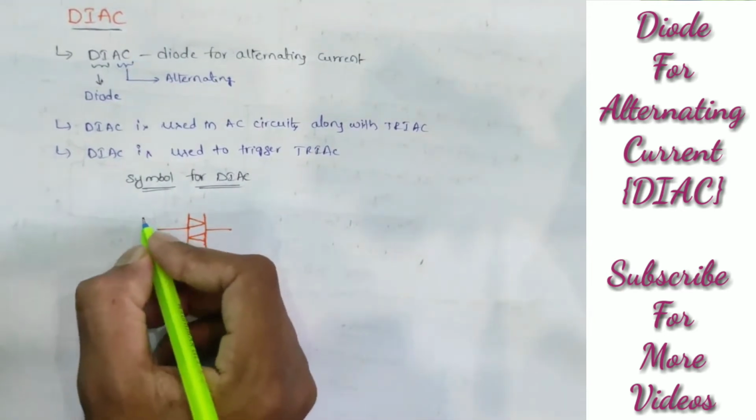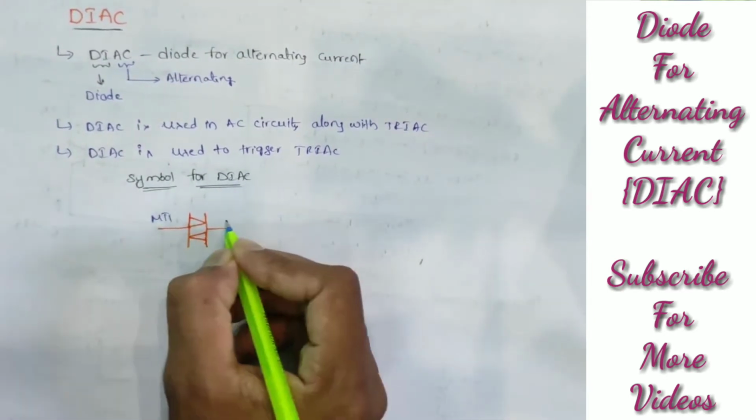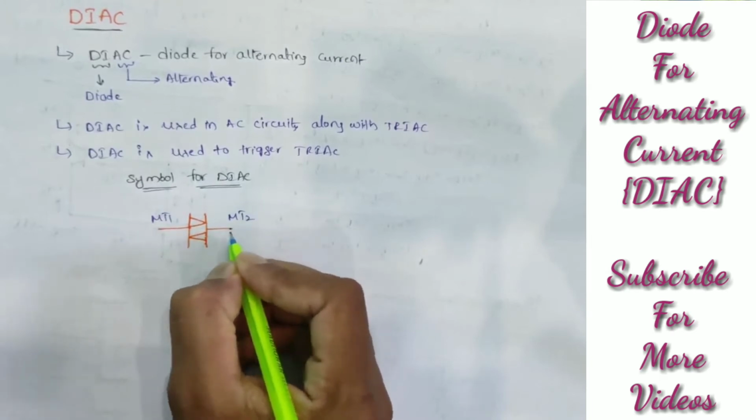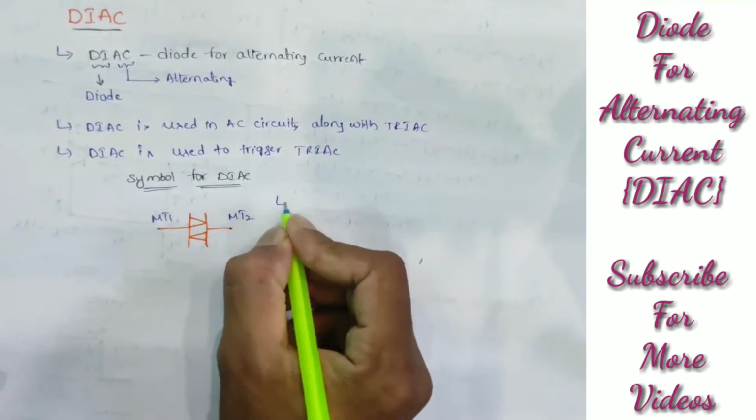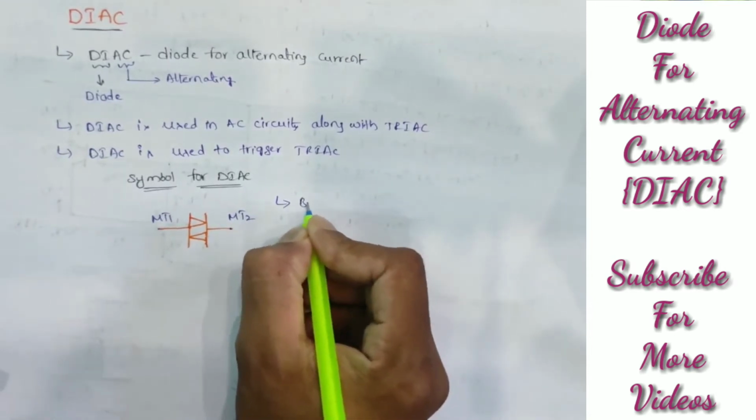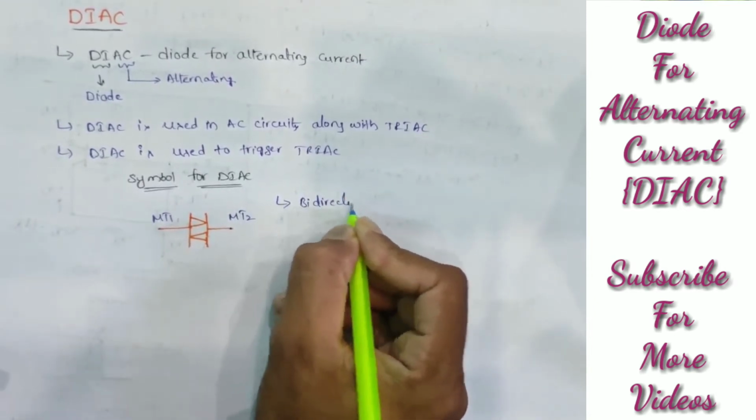This is MT1 and here MT2. It is also a bidirectional device. Diac is also a bidirectional device.